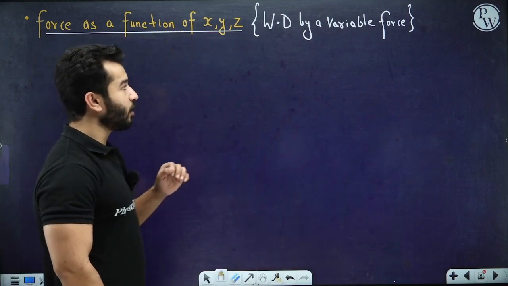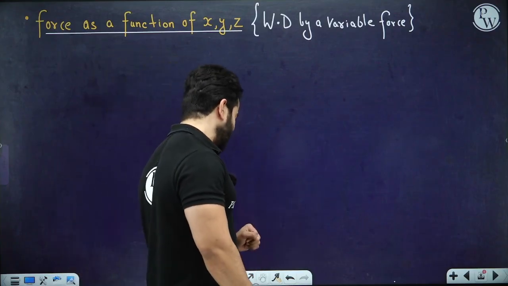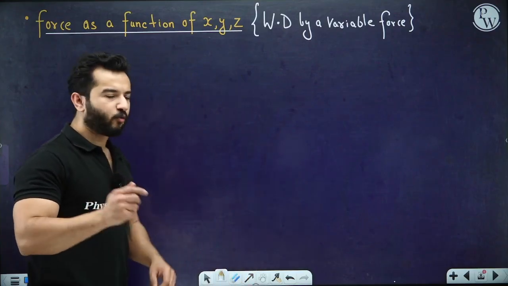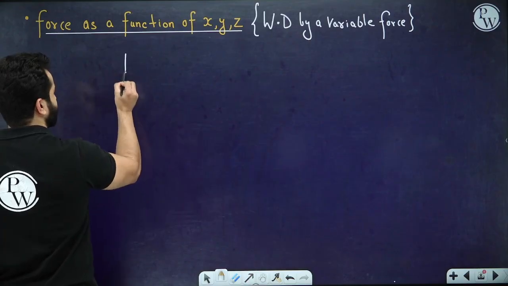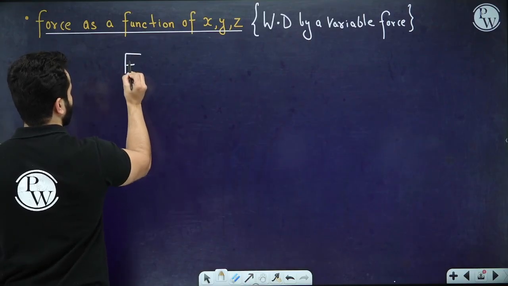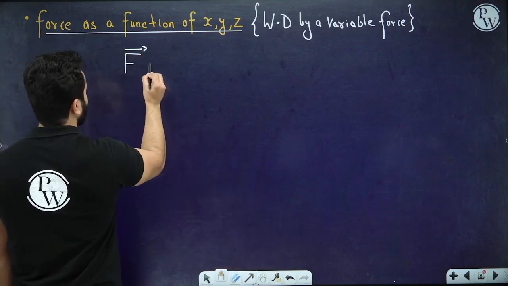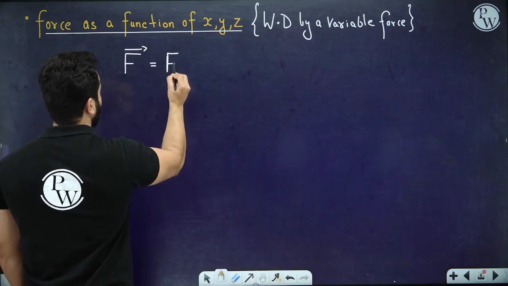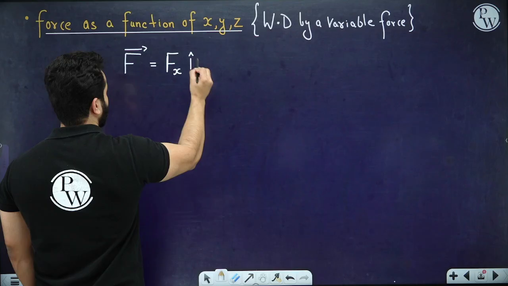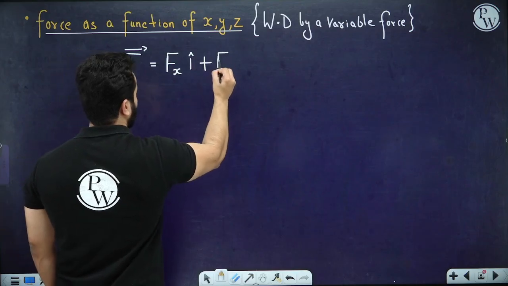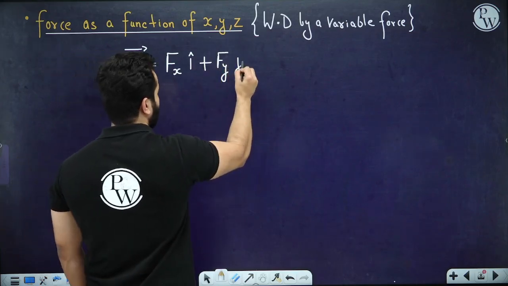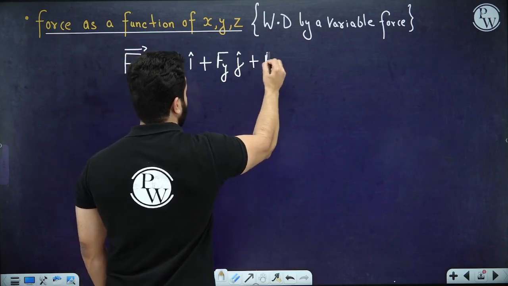Now when we are talking about work done by a variable force, let's assume that the force is something like this. I'm giving the force in vector form: Fx i cap plus Fy j cap plus Fz k cap.